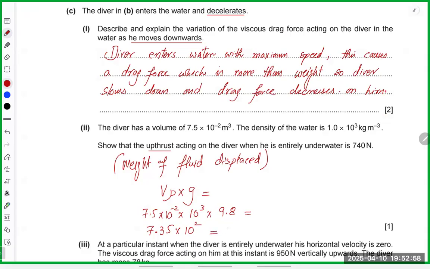So it is 735, which is approximately equal to 740 Newton, hence shown.